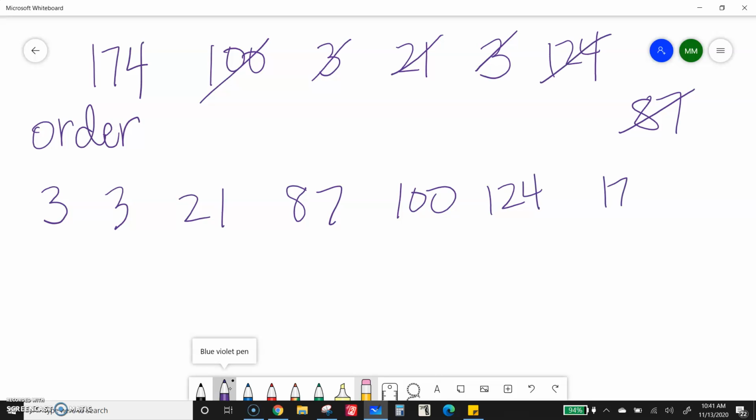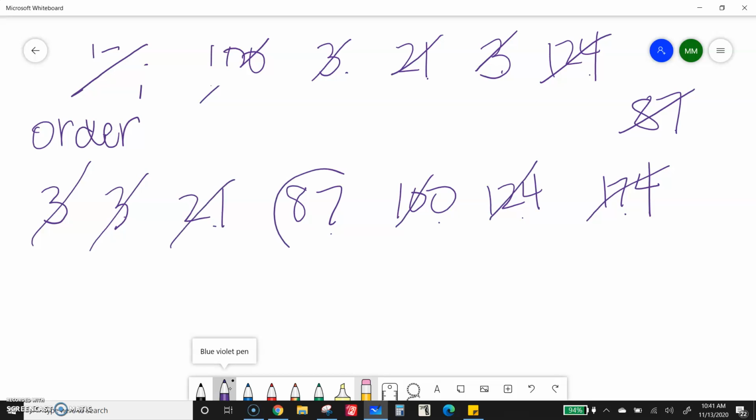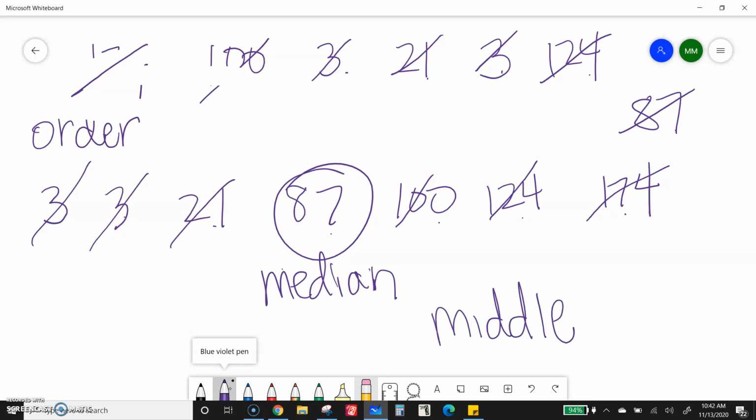You are going to need to write this down as you're doing your worksheet. You're not just going to want to do it in your head. So again, 1, 2, 3, 4, 5, 6, 7 numbers. So cross, cross, cross, cross, cross, cross. So 87 is my median, because it's in the middle when I put them in order from least to greatest.